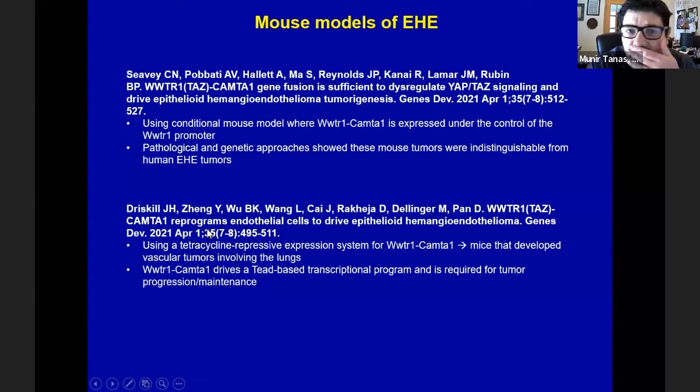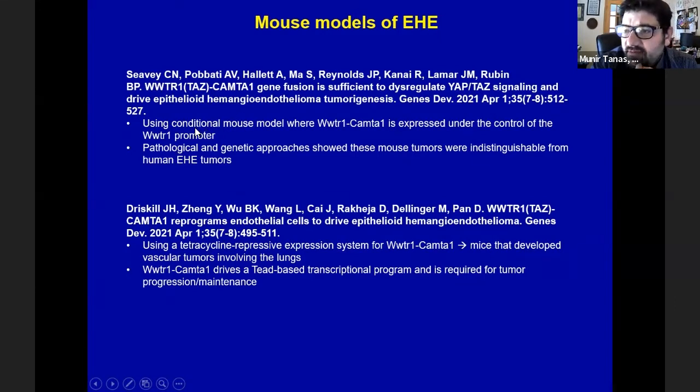What I really wanted to point out in the remaining part of the talk is just how much progress has been made. It's been really exciting to be a part of this field. There's this fantastic paper that was published in Genes and Development out of Brian's lab. Caleb was the first author, who we heard from yesterday.